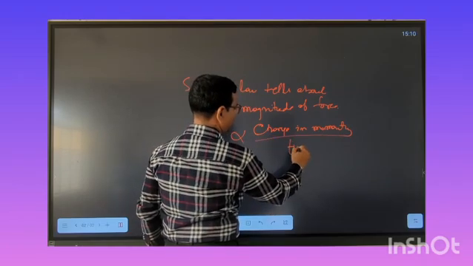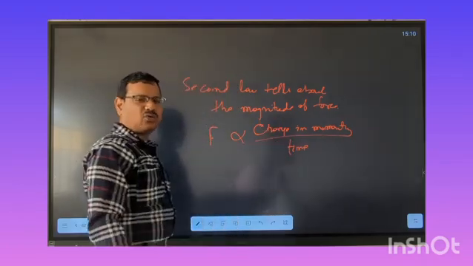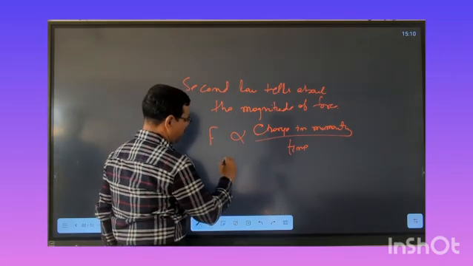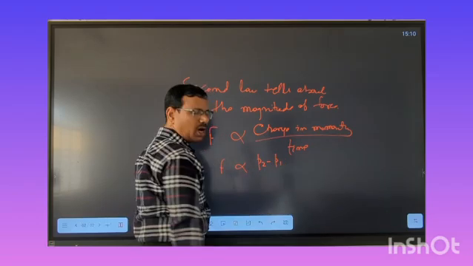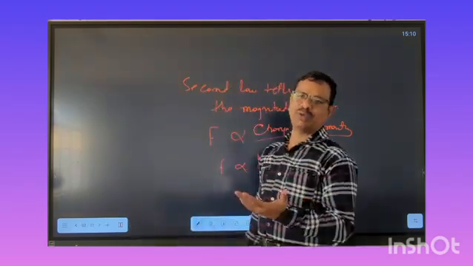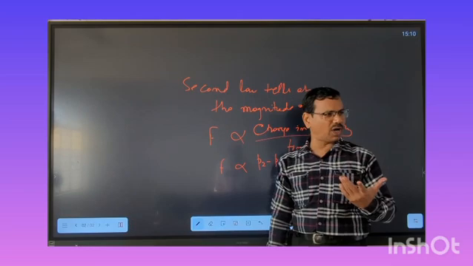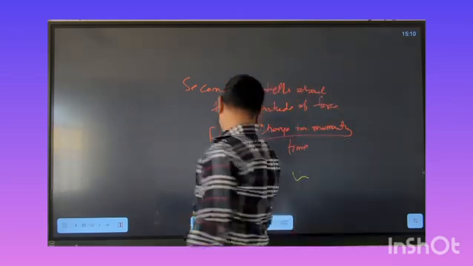by time. And calculating it, we find F is directly proportional to P2 minus P1, where P2 is the momentum in the second case and P1 is the momentum in the first case.